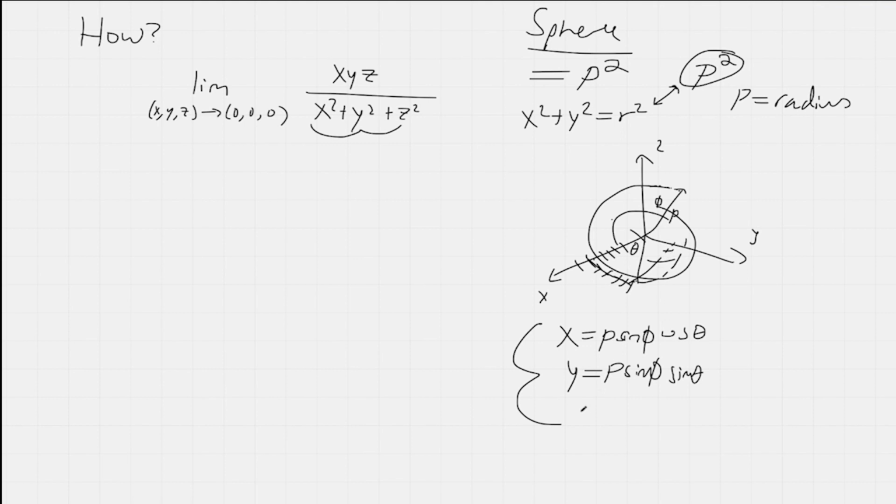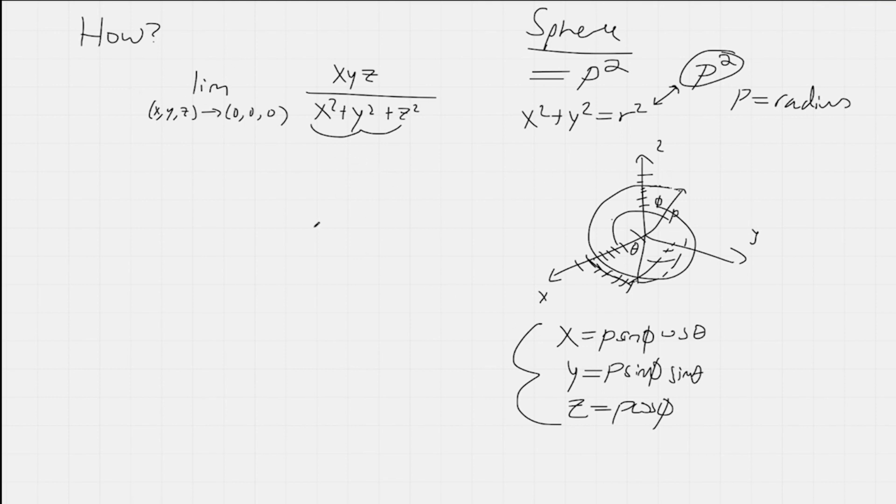And z is rho cosine of phi. The cosine of this angle would just be the adjacent side, which is right here, and rho is just a multiplier depending on scale. So this corresponds to a z position.